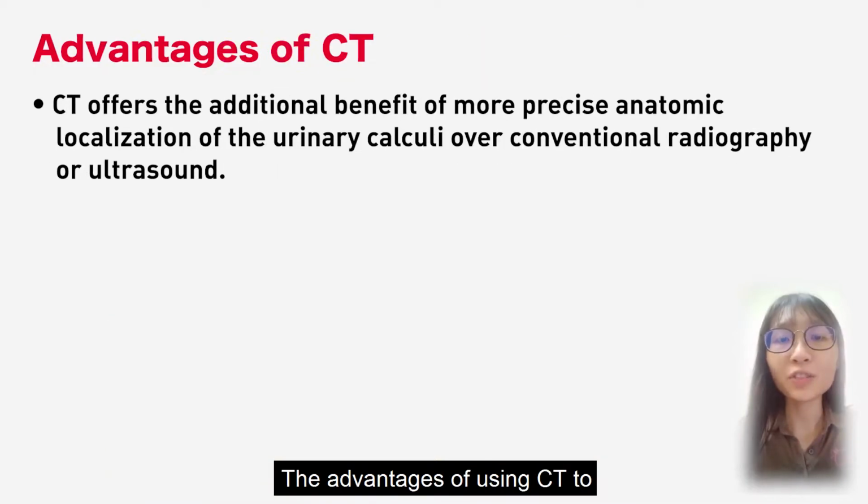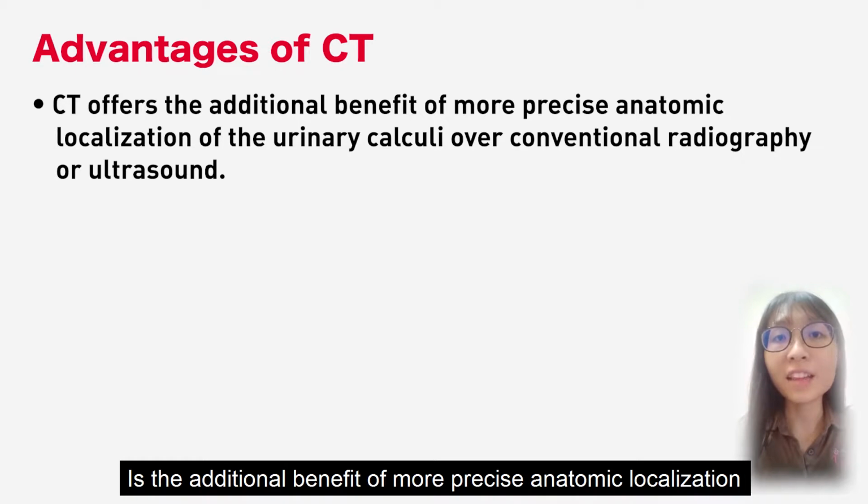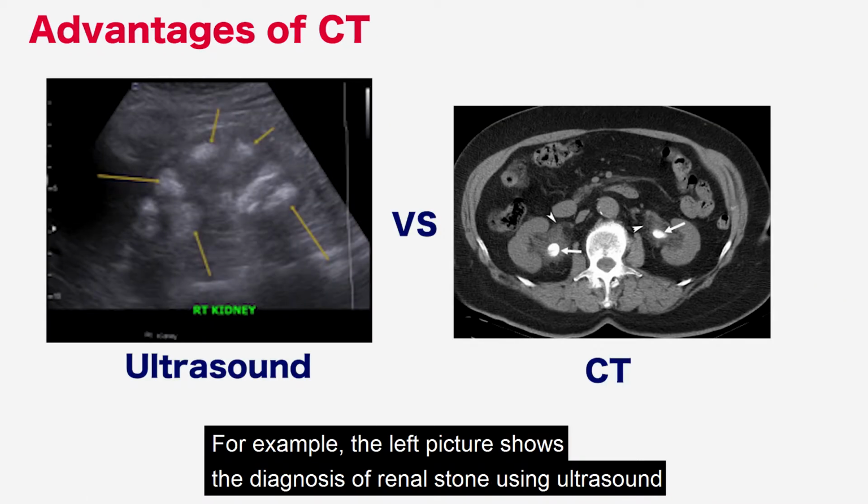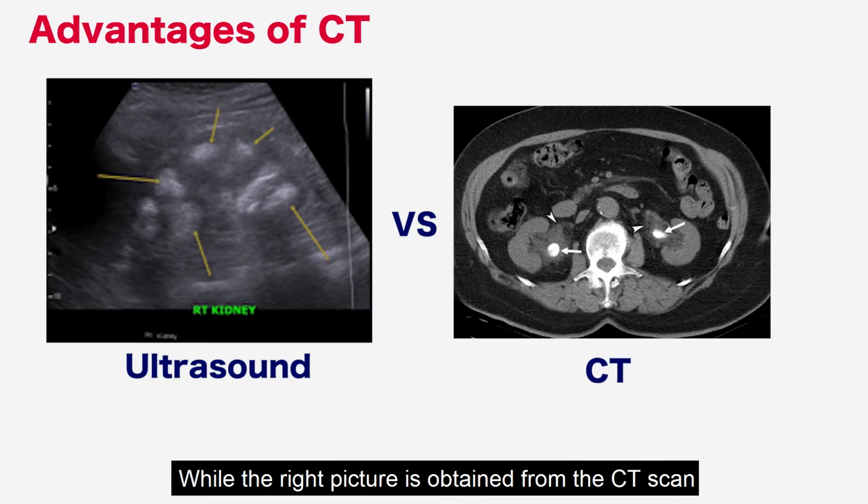The advantage of using CT to diagnose renal stones is the additional benefit of more precise anatomical localization of the urinary calculi over conventional radiography or ultrasound. For example, the left picture shows the diagnosis of renal stones using ultrasound, while the right picture is obtained from CT scans.